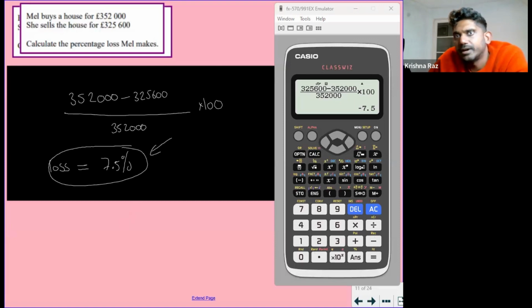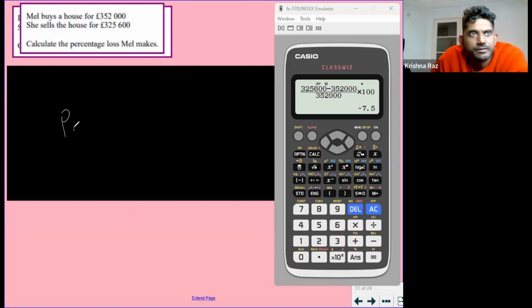Yeah, so to sum it up, profit equals the outgoing cost, so I suppose the sold price, minus the bought price, divided by the original price, which would have been the bought price, yeah?